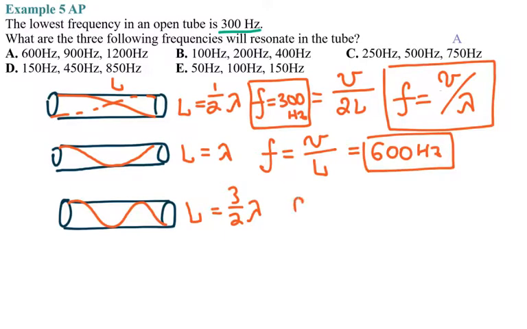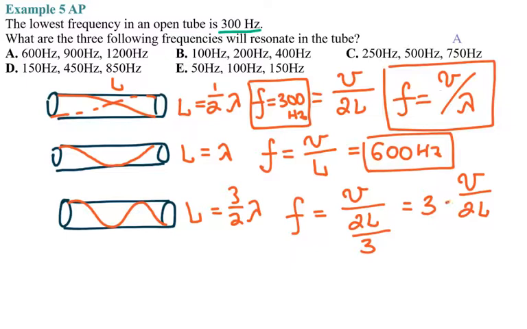And the next one is equal to velocity over lambda, and lambda is equal to 2L over 3. That means this frequency is 3 times as big as the initial one. So the last one is 3 times 300, which is 900 hertz. And the answer is A.